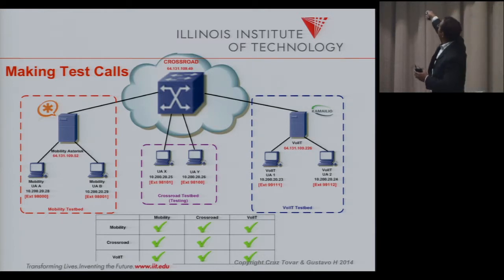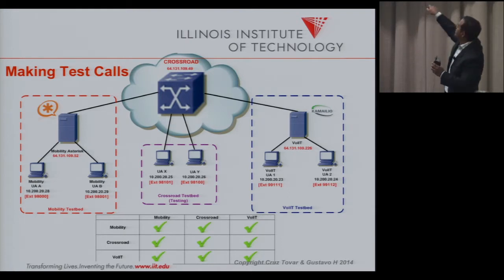At the beginning, we just started making local phone calls. Later, we started with Mobility and made calls to the Crossroads testbed. And finally, we were able to make calls from Mobility to the Voice over IIT testbed.